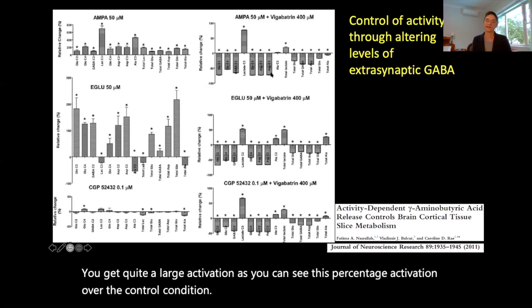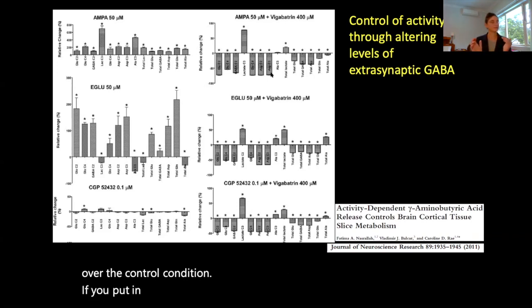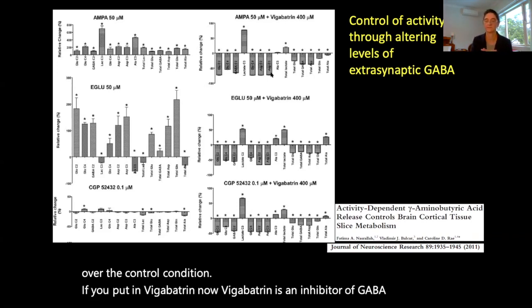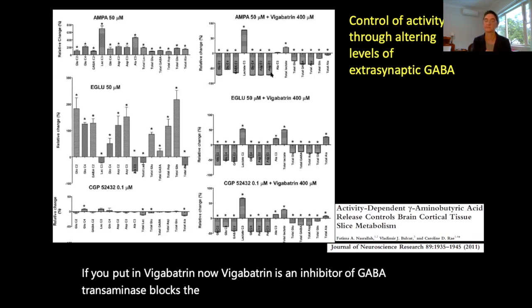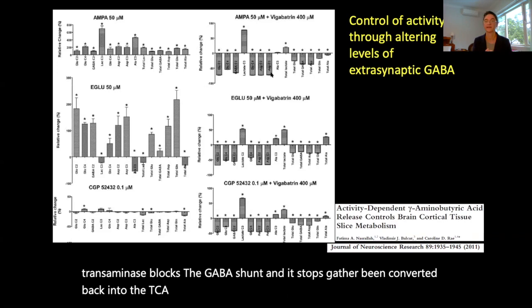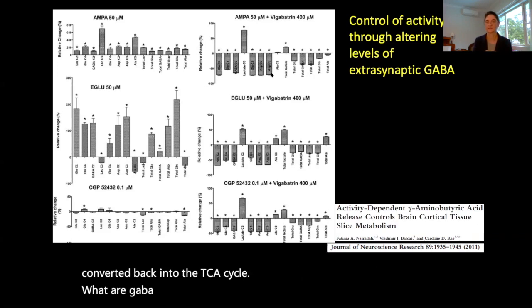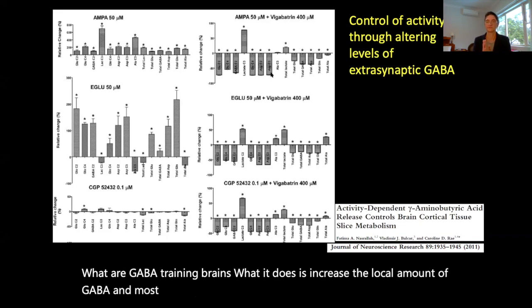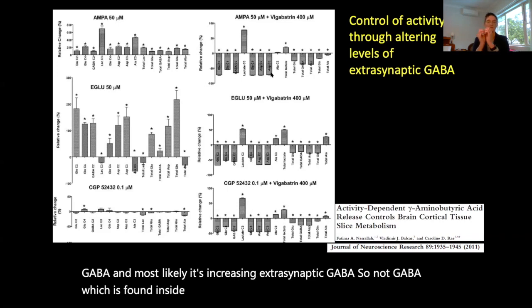If you put in vigabatrin, now vigabatrin is an inhibitor of GABA transaminase, so it blocks the GABA shunt and it stops GABA being converted back into the TCA cycle. If you put vigabatrin in brains, it increases the local amount of GABA, and most likely it's increasing extrasynaptic GABA. So not GABA which is found inside the synaptic boutons, but GABA which is found in the cytosol.